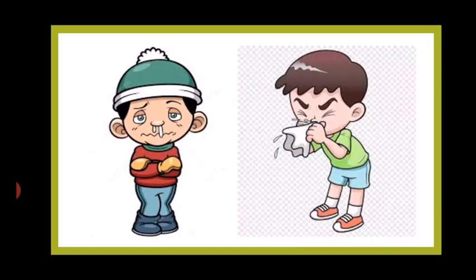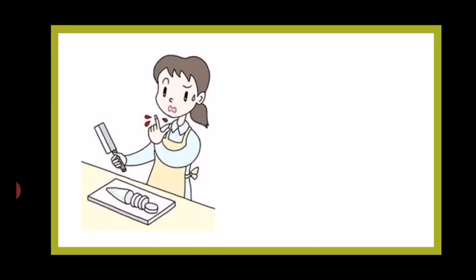Let us look at something else now. This happens to us, isn't it? When we are sometimes sharpening our pencil using a blade instead of a sharpener, or when your mummy gives you work to cut something like onion or tomatoes, and if you are not careful, you cut your hand by mistake, and what comes out? Blood comes out of your finger.